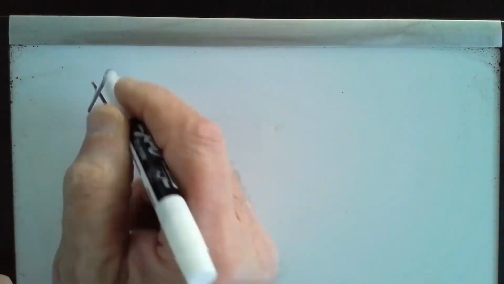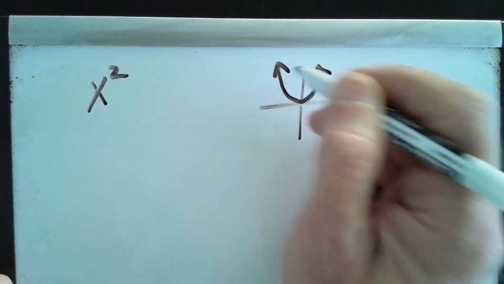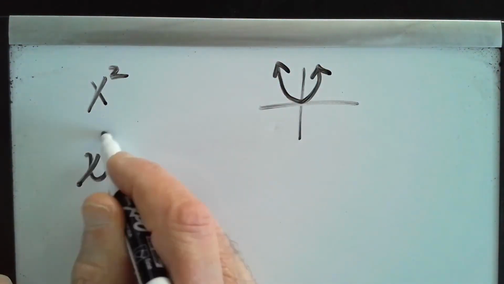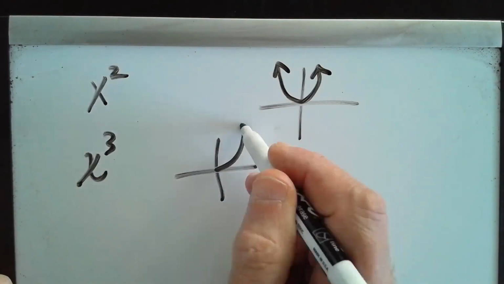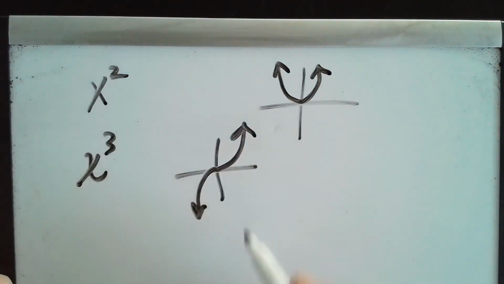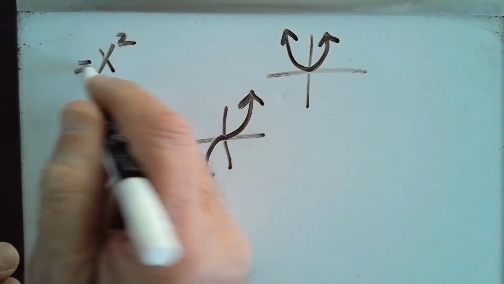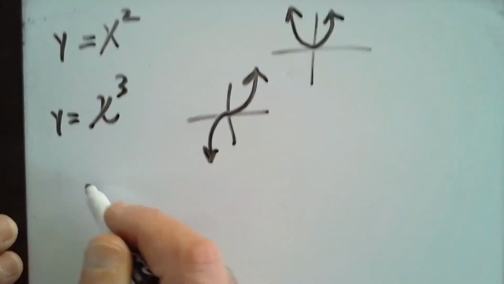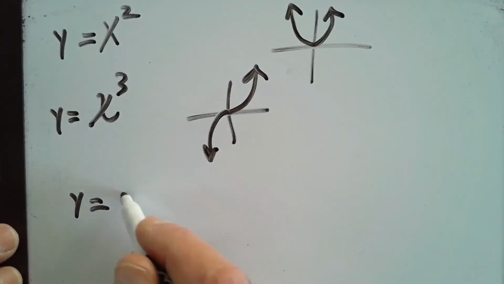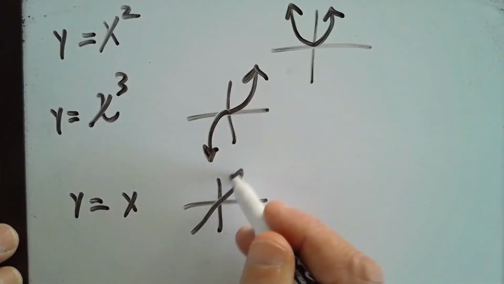Okay. The parent graphs. We've got x squared is a parabola, right? And then we have x cubed. It's kind of like a parabola that's half up and half down, right? Okay, and then we have a linear function, right? That's just a line.